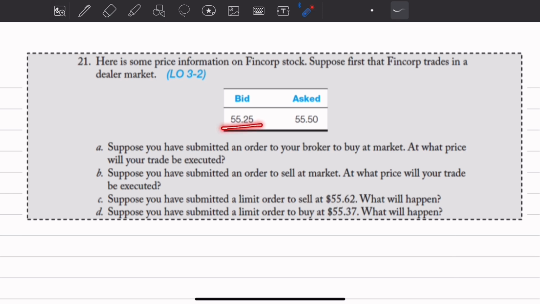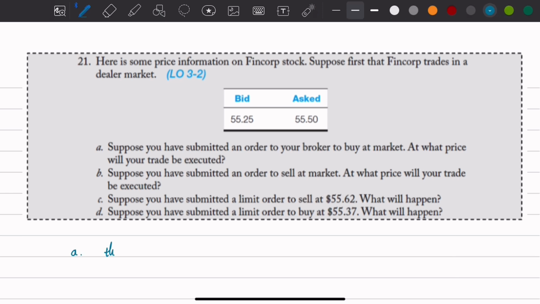This is the bid price and this is the ask price. We are trying to buy, so we should be looking at the asking price, right? Because the dealer is willing to sell for this price and we want to buy, so we will look at the prices that the dealer is willing to sell at, which is $55.50.